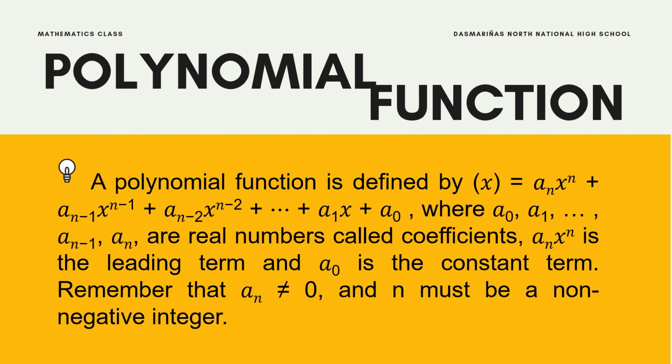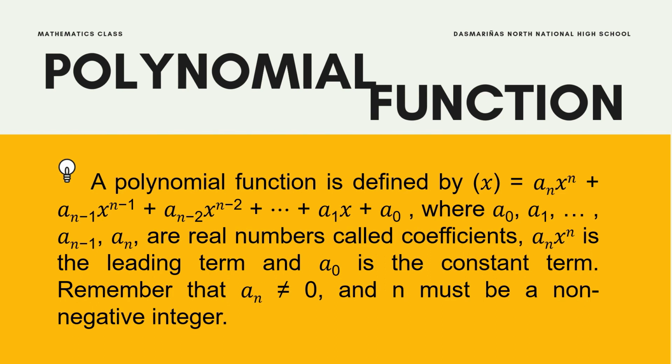A polynomial function is defined by f of x equals a sub n times x raised to n plus a sub n minus 1 times x raised to n minus 1 plus a sub n minus 2 times x raised to n minus 2 plus a sub 1 times x plus a sub 0, where a sub 0, a sub 1, a sub n minus 1, and a sub n are real numbers called coefficients.